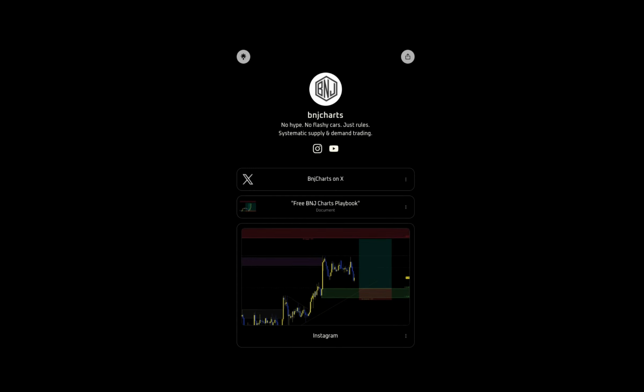You're stuck in this position where you don't know where to enter. You don't know how to place your stop loss. Each trade is going to differ. Whereas with this strategy, your stop loss, your risk is going to remain the same all the time, and you're going to be targeting a 1 to 2. So we can discuss more of that, and I can show you exactly how to do it.